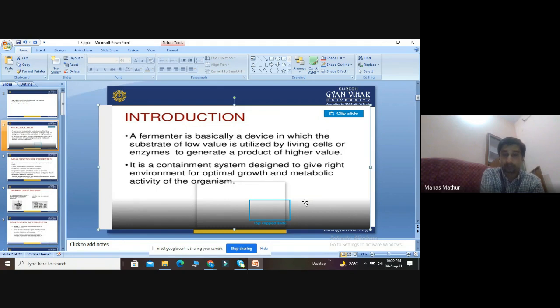The microbe will work only when it has optimal growth and proper metabolic activity, so that it may react upon the substrate of low value and convert it to generate a product of higher value. This is the main work of a fermenter.